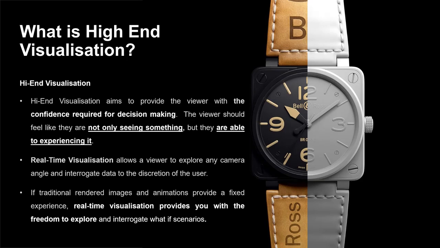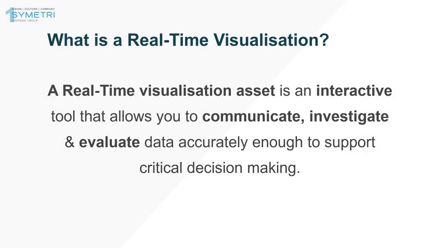A real-time viz asset can be deployed in traditional methods, but also in extended reality and any of the innovative spatial computing platforms that are revolutionizing the design studio at the minute. Just to summarize, a real-time viz asset is an interactive tool that allows you to communicate, investigate, and evaluate your data accurately enough to support critical decision making.